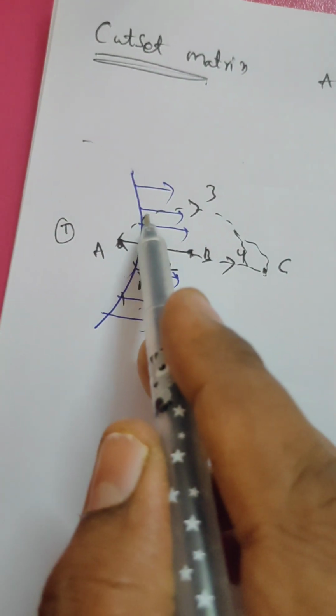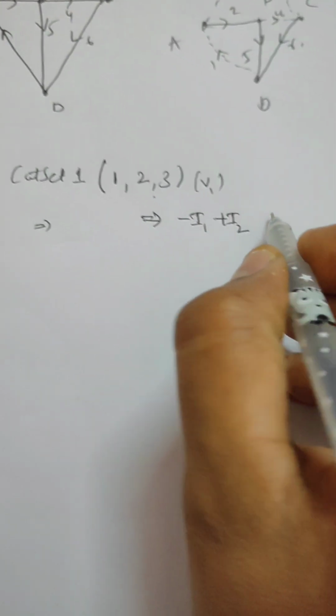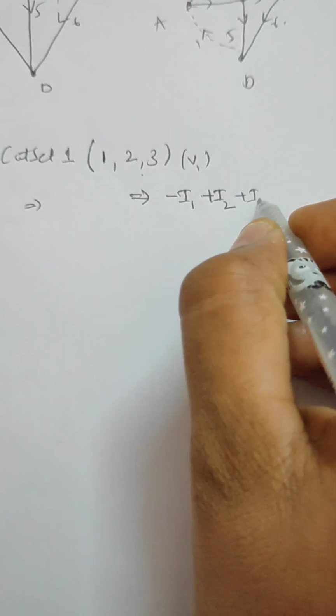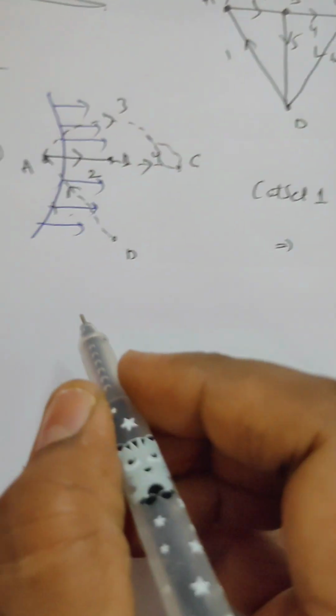Then the direction of branch 3 is towards B only, so this will be I3. Make it equation 1. So this is cut set 1.